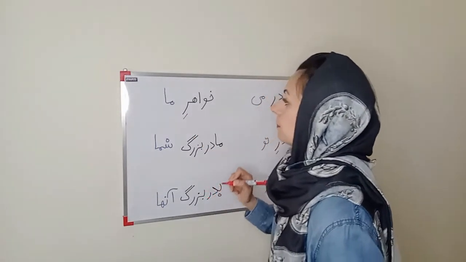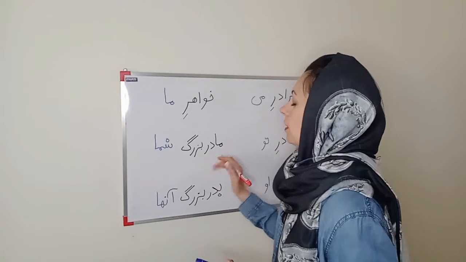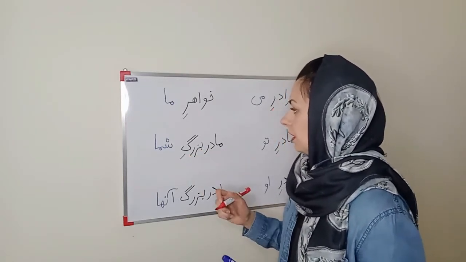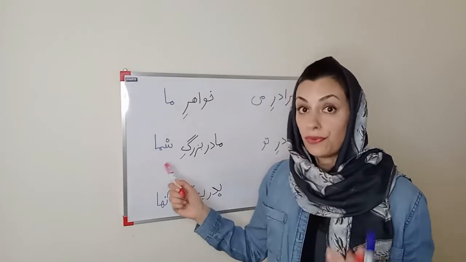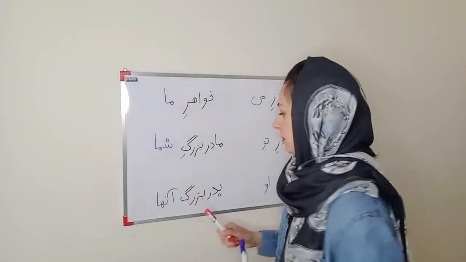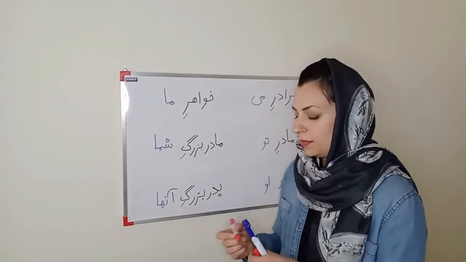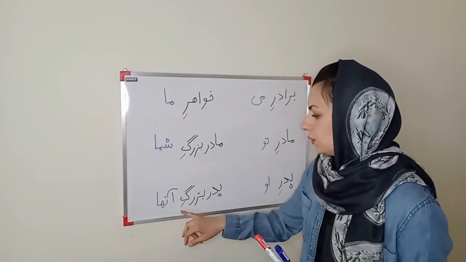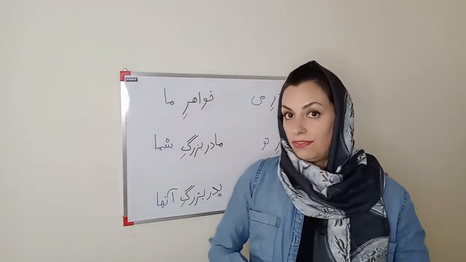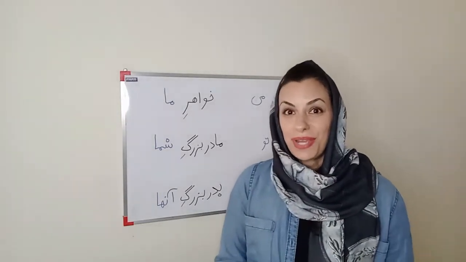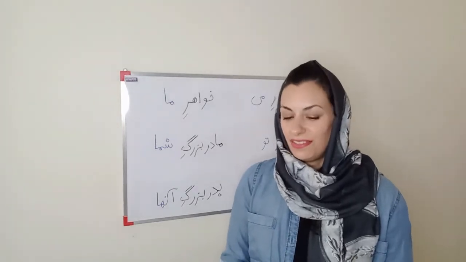خواهر ما, our sister. مادر بزرگ شما, your grandmother, and this is the formal you or the plural you. پدر بزرگ آنها, or اونا in spoken Persian, پدر بزرگ اونا, their grandfather. So this is our simplest way to form the possessive.